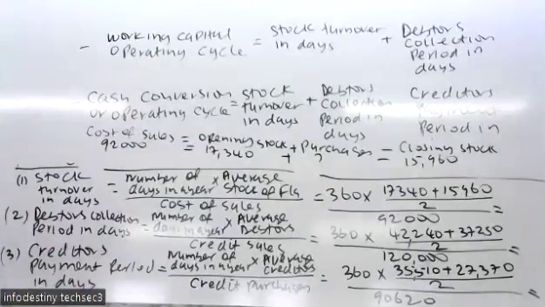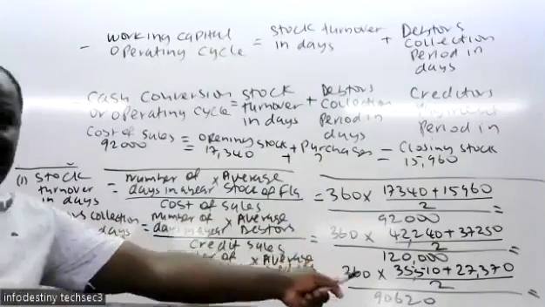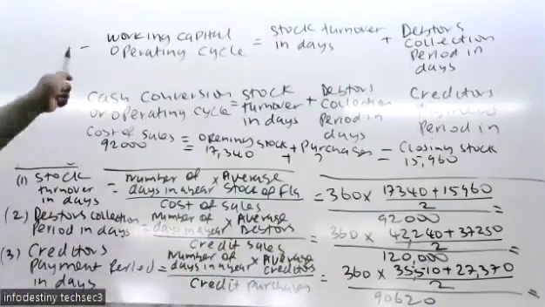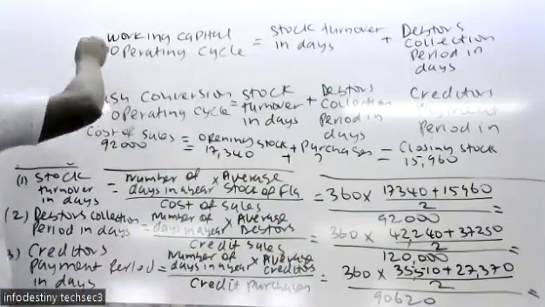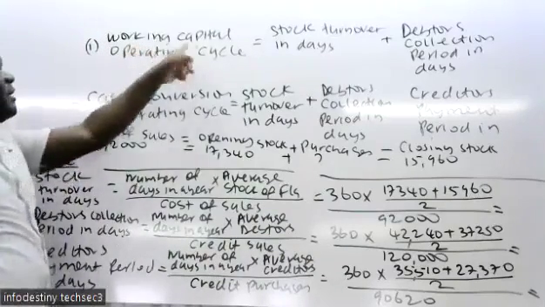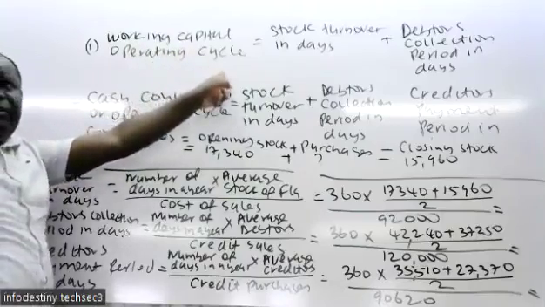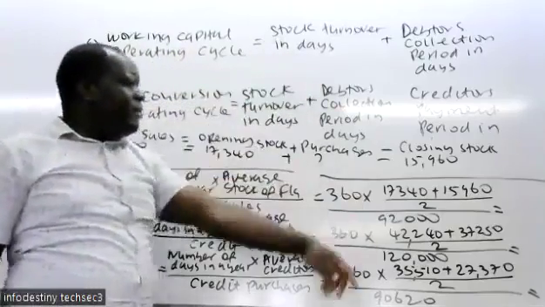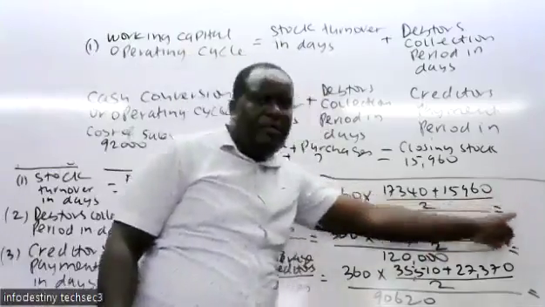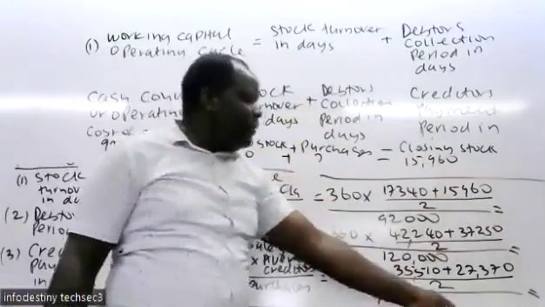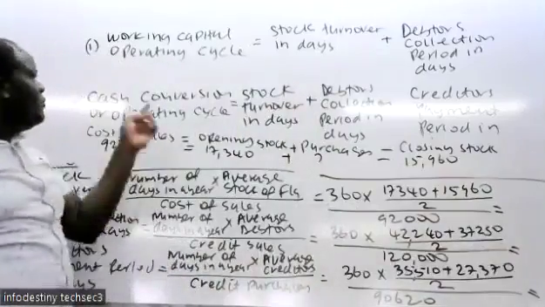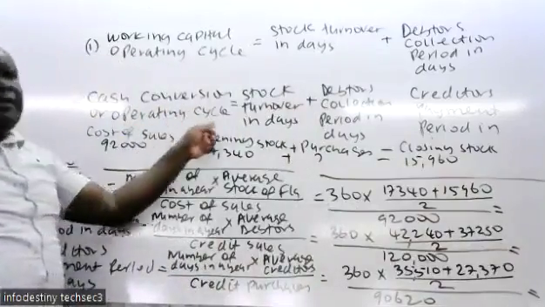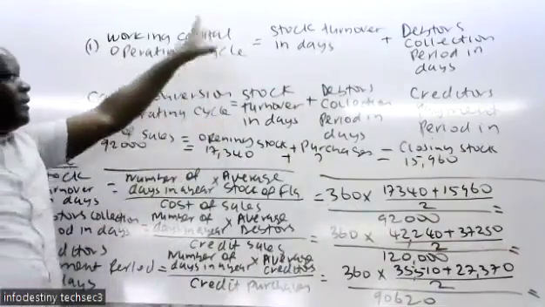Now after you have calculated those ratios, I want you to answer this one here. You start with the working capital operating cycle. You check the stock turnover in this year and add the debtors collection period figure. After that, I also want you to get the cash conversion operating cycle, for this year.